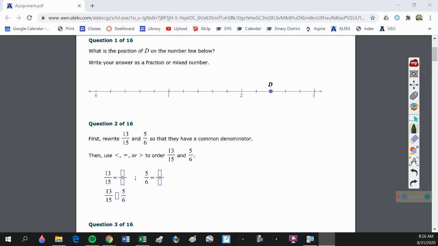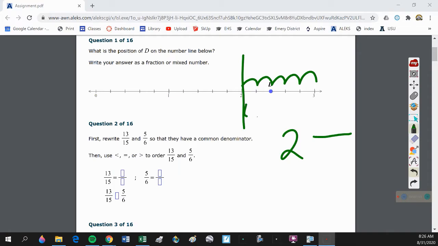So how did you get that? Okay, so we have 1, 2, 3, 4, 5. What do I do with that 5? So I'm at 2. I have at least 2 and then a little bit more.